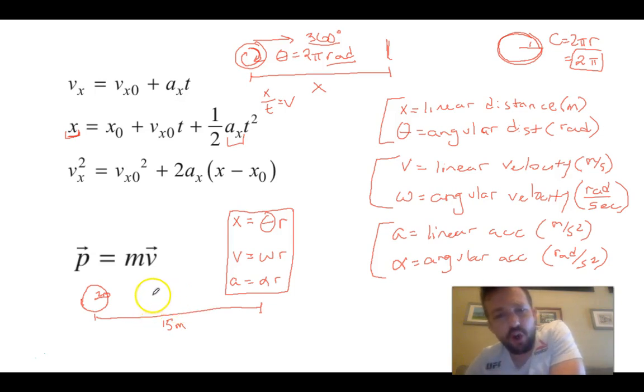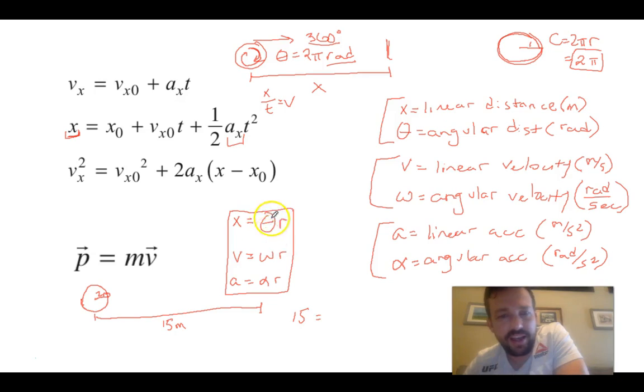Okay, and what I want to know is how many radians this wheel turned in order to travel 15 meters. Like it was turning as it was going, right? And how many times did it turn in order to get to the end here? So what you would do is just use this formula here. Well, the linear distance was 15.